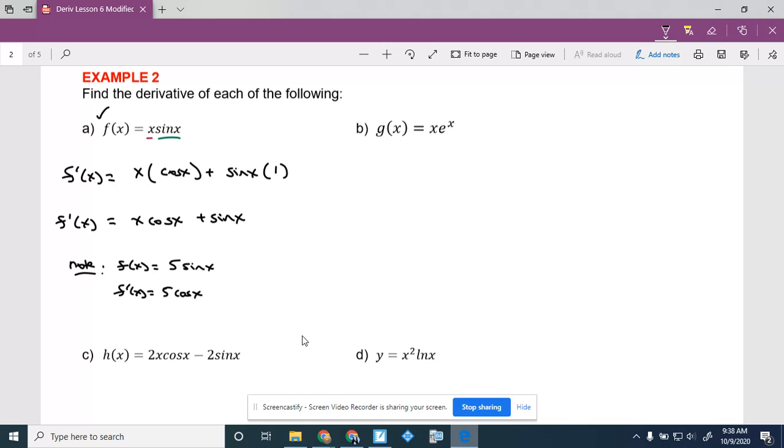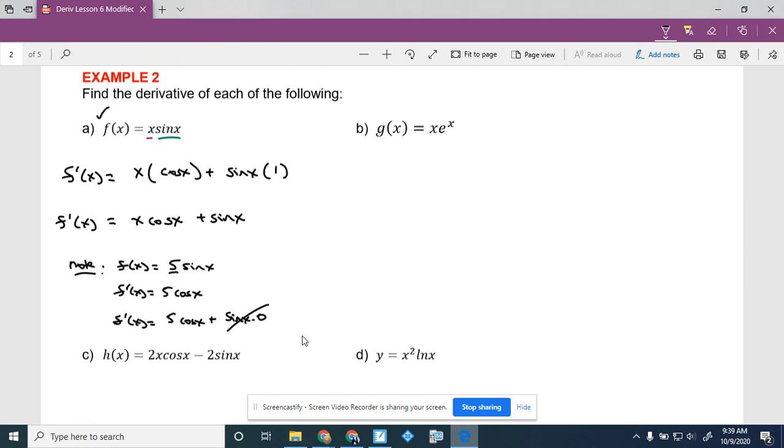Now, you might be like, well, it's still a product, so why couldn't I do the product rule? Why couldn't I say, all right, 5 is my first, so first times the derivative of the second, cosine x, plus the second, sine x, times the derivative of the first. Well, what's the derivative of 5? The derivative of a constant is 0. And you're like, oh, look at that.